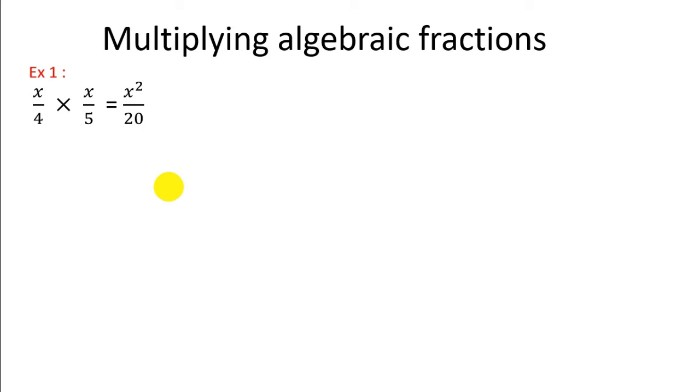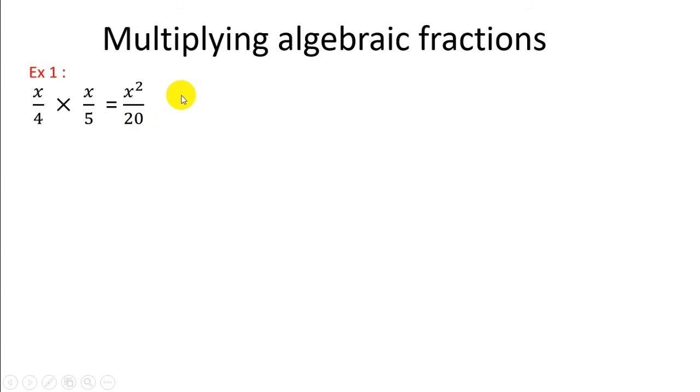When it comes to multiplication, simply multiply the given numerator values and multiply the denominator values. If there are values to be simplified, yes, you can further simplify. So you don't need to worry about LCM over here. x multiplied by x is x square, or x to the power 2. 4 multiplied by 5 is equal to 20.